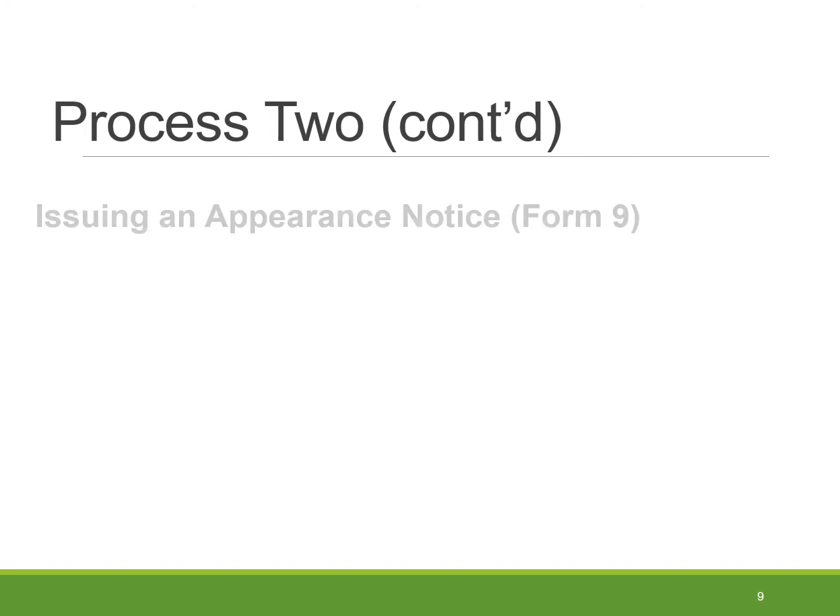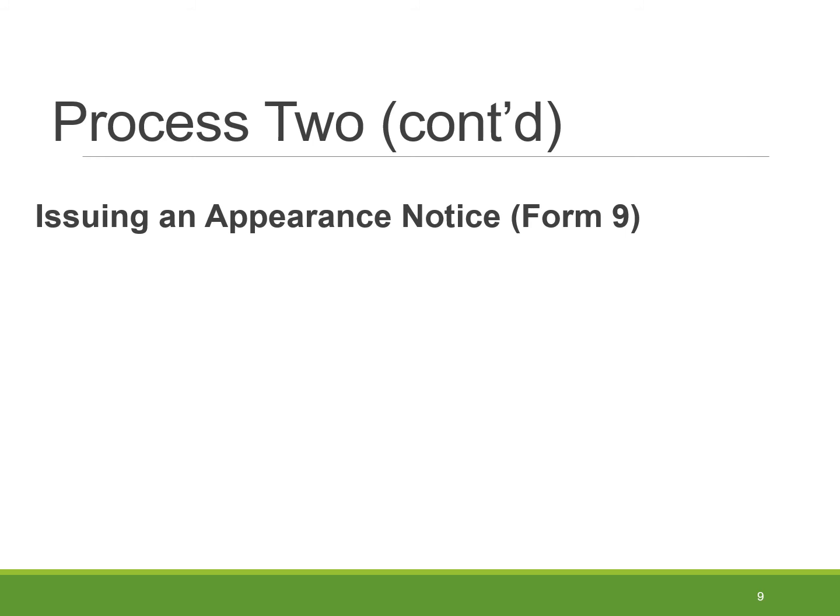So let's take a look at when they're not arrested and what is an appearance notice, or your Form 9. You do have your Form 9, again in the appendix of Volume 2 or Edition 2 of your textbook. That is on page number 417.